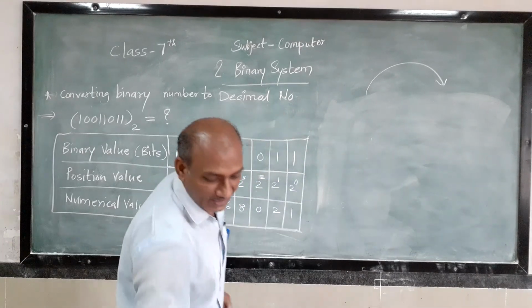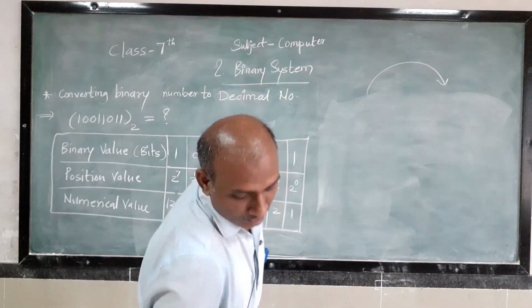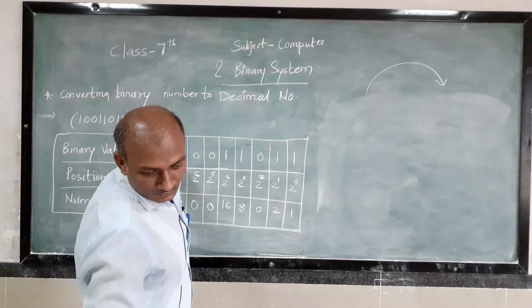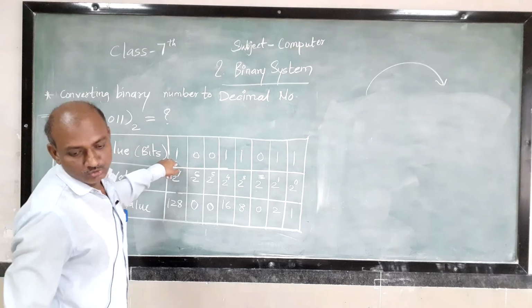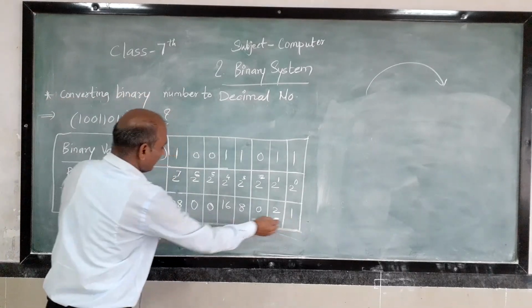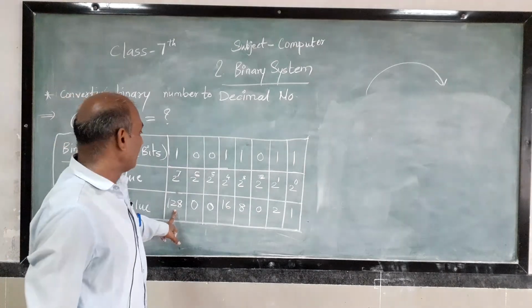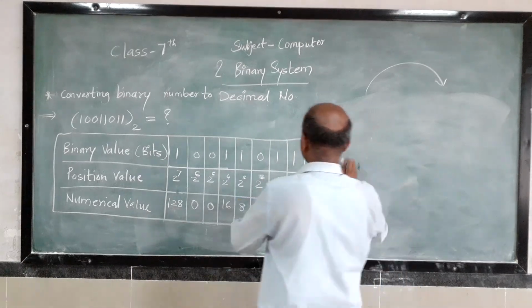Now what is the next step? See, now what we have to do: the bits are multiplied with position value to get the value. Now we add these numbers. How can we write? In this way we can write.